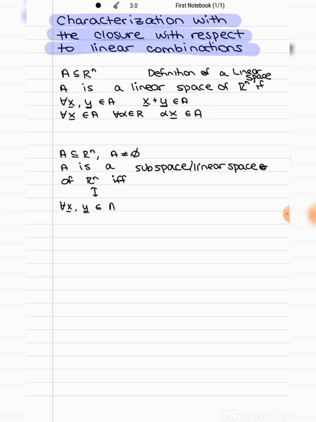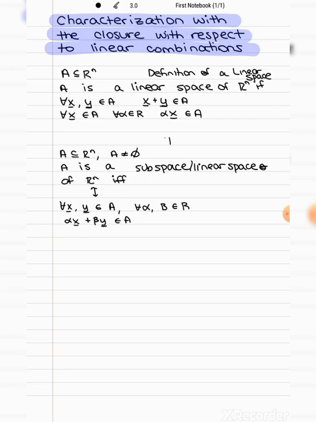to the space A, and you take any two constants, alpha and beta, so far the only difference is that we're taking two constants instead of one, then alpha times x plus beta times y will have to belong to the set. So really all this is actually doing is just combining the two conditions that we mentioned above in the definition.